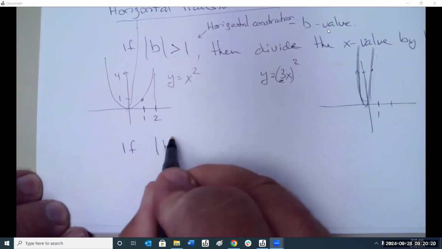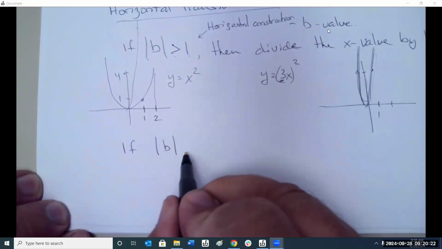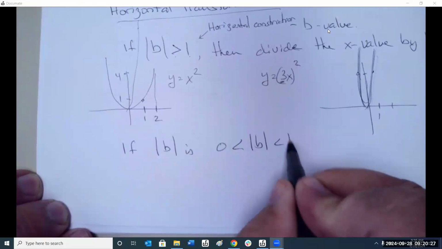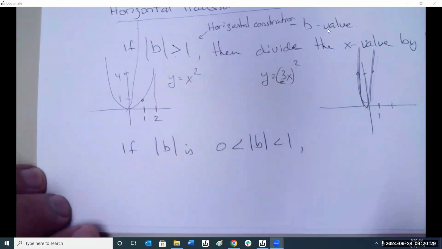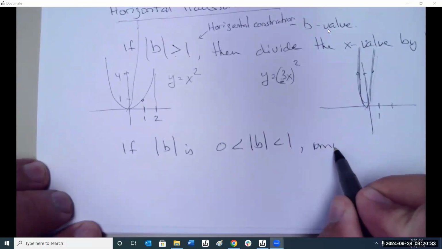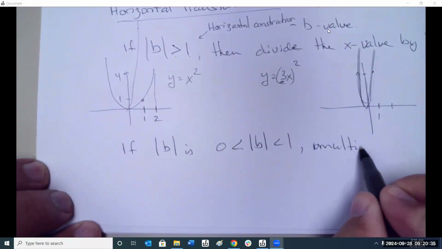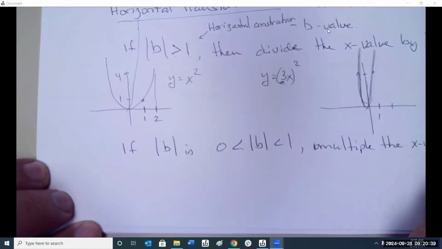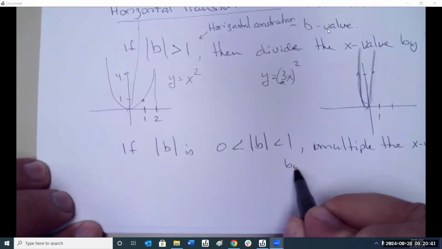If my absolute value of b is between 0 and 1, multiply the x value by b.